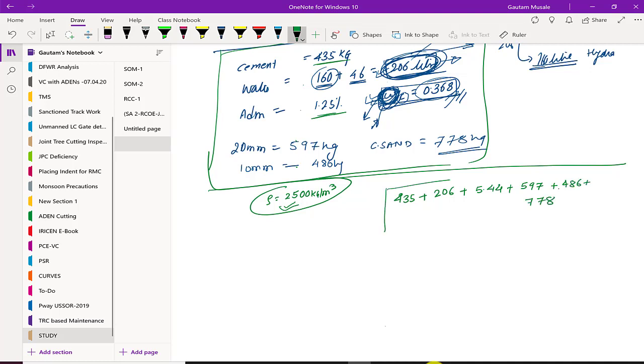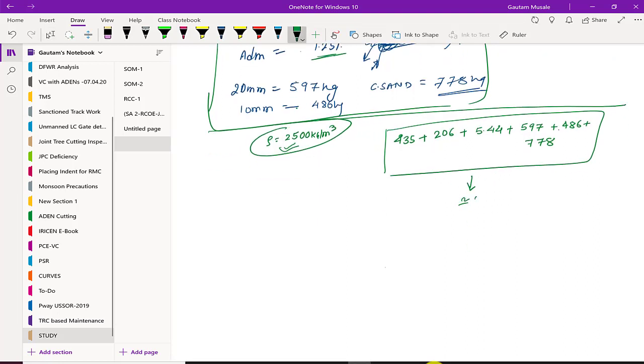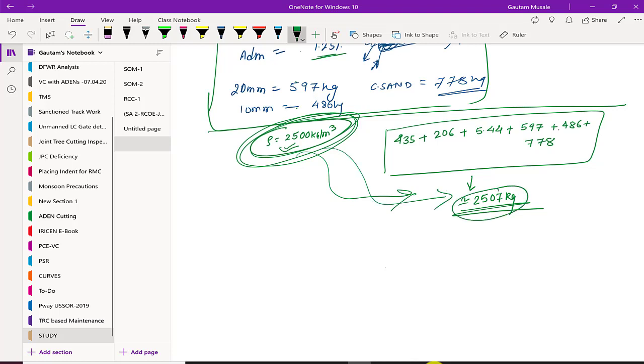If you add all of these, you are going to get 2507 kgs. That means it is nearby to 2500. It should be somewhat more than, not lesser than, but not too much more either. It is nearby but more than 2500, so that is okay. You can say my mix is proper.